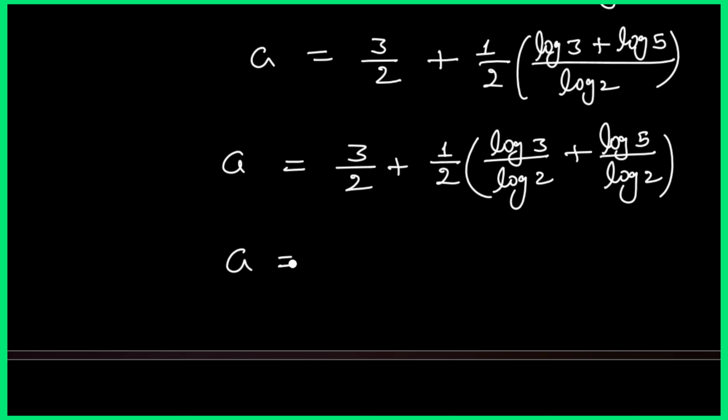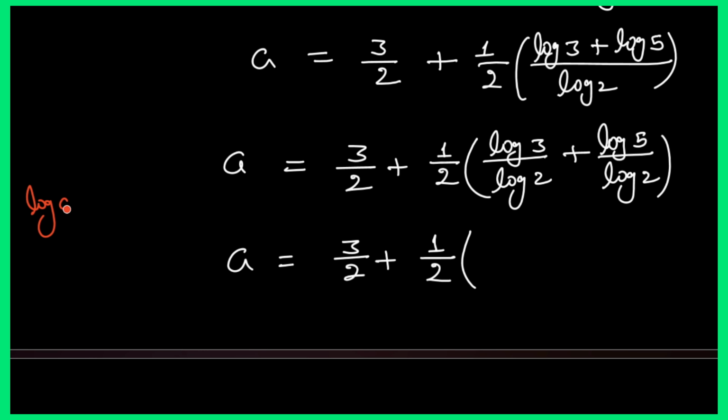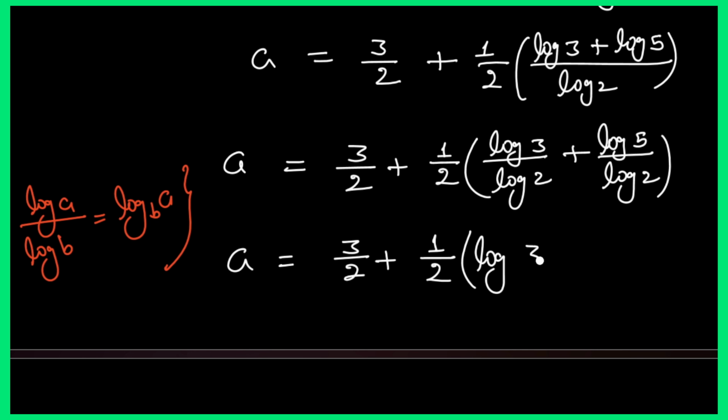Now we have a formula that log a over log b equals log a to the base b. So using this, log 3 over log 2 becomes log 3 to base 2, and log 5 over log 2 becomes log 5 to base 2.